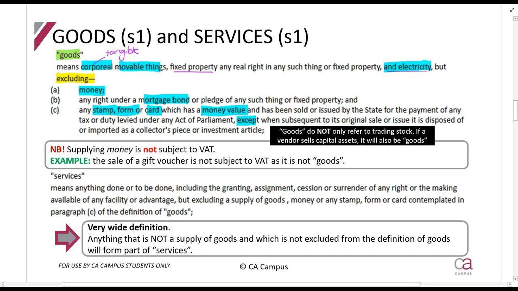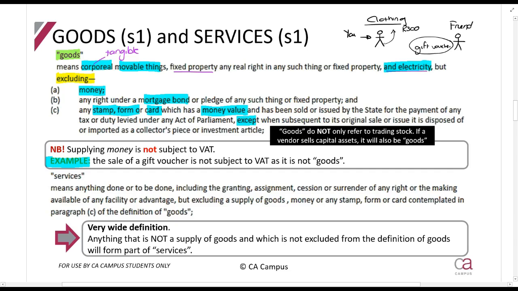So for the most important one there, money, I want you to consider: if I give someone money, it is not VAT. Very important. This is an example. If you go to a clothing store and you want to buy your friend a gift voucher, you give them 300 rands and they give you a gift voucher worth 300 rands.